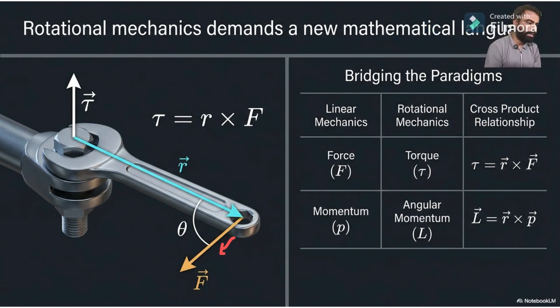So there is something that helps you do this: r cross F provides a torque, which is the reason for creating rotational motion. Torque is kind of the force for creating a rotational motion.